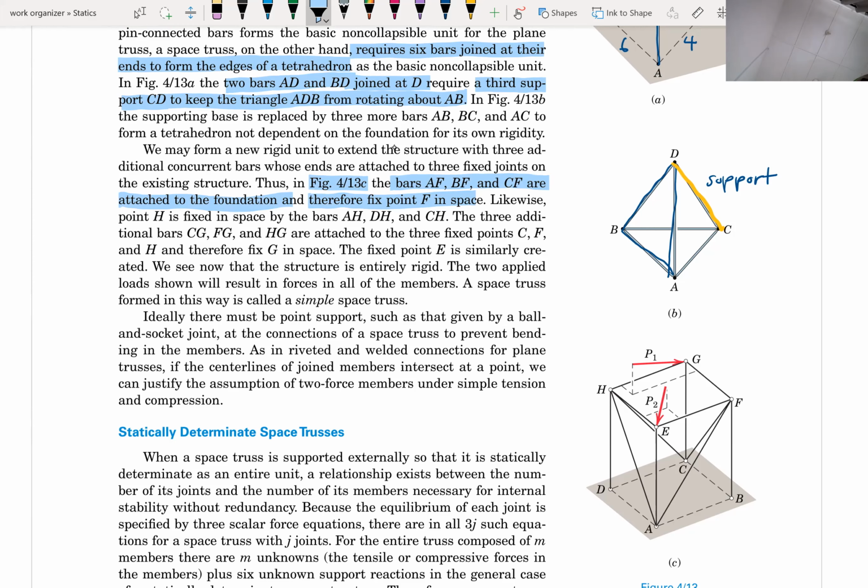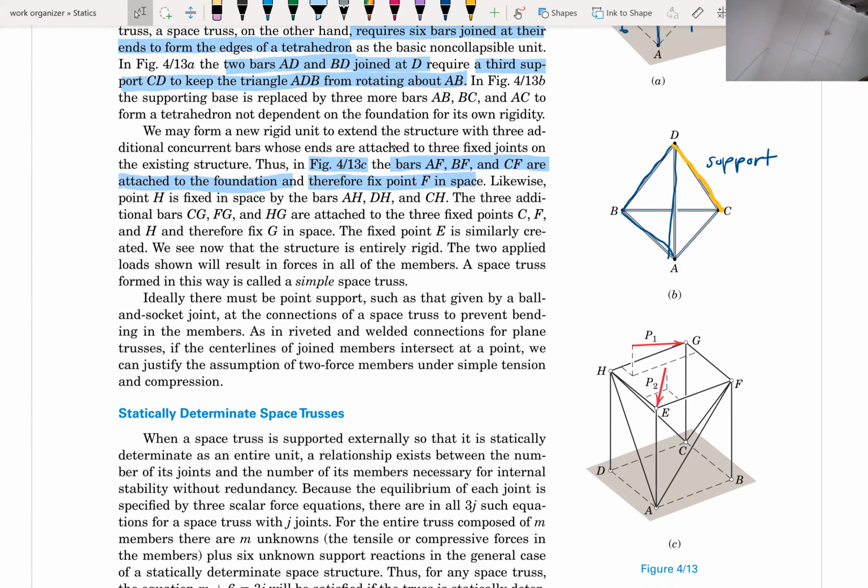So this one, AF, and then we have BF, and then we have CF. So it is fixed at point F.